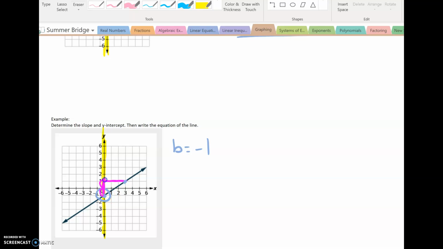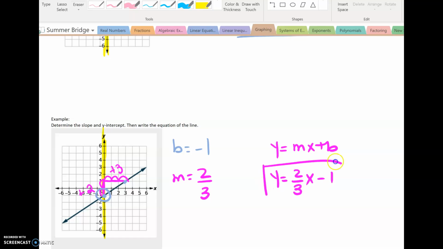So I'm going up 1, 2 units, and then to the right 1, 2, 3 units, which means it's positive. So my slope is going to be 2 over 3. Again, I know that slope-intercept form is y equals mx plus b. So I have y is equal to my slope, 2 over 3, times x, and then b, -1. And that's the equation of this particular line. All right, make sure you practice, and I will see you next video.